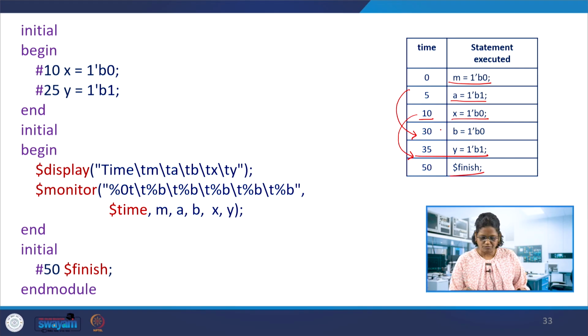After that, from time 0, it is going to refer to this #50. So it is this 0 time, and then it looks for the next 5, and with 0, then the next 10 comes into picture, and then it goes back to the next initial block and executes the second statement, and then at 25, here 35, y equal to 1'b1, after that at 50 we get the $finish.